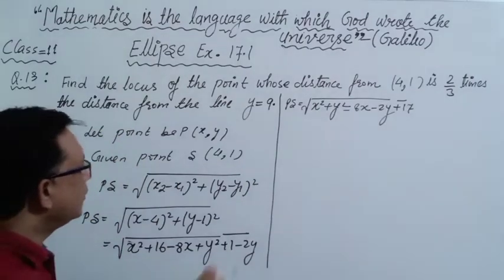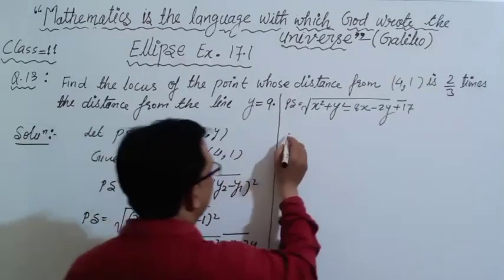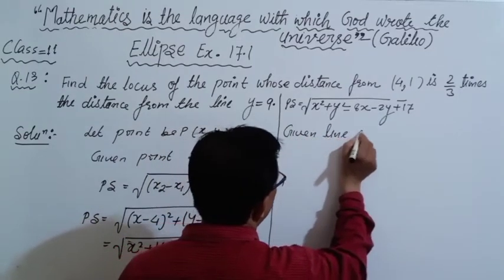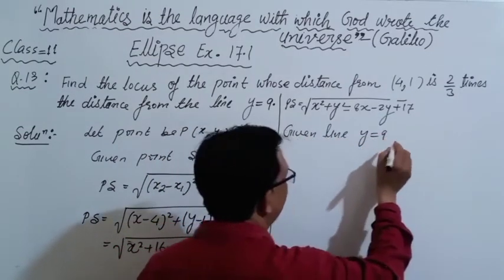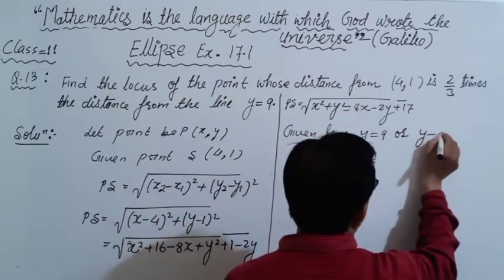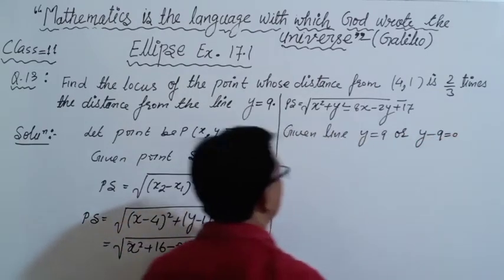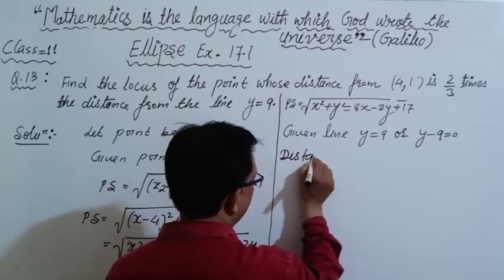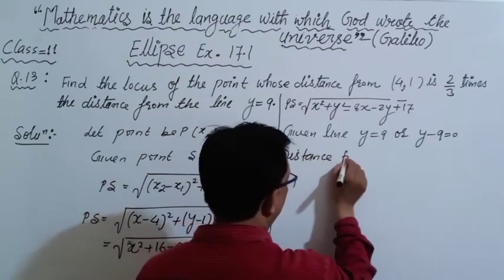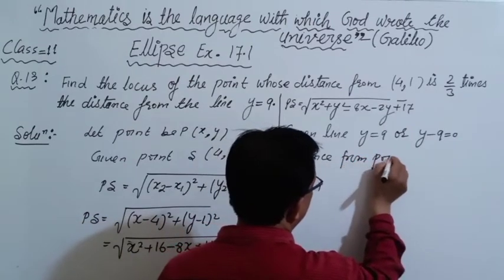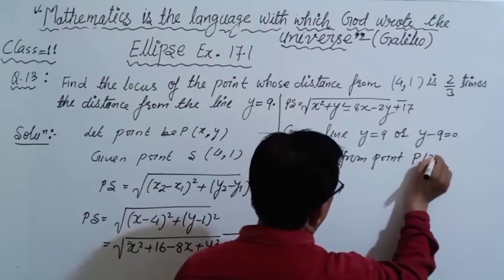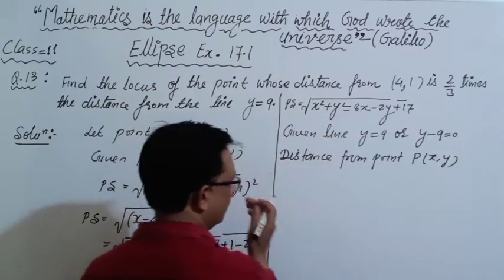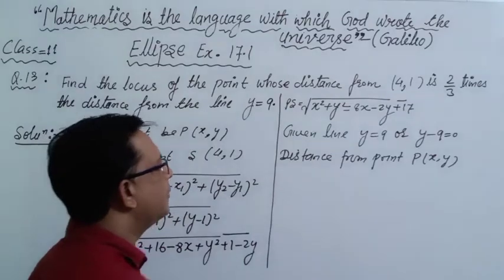And now we find the distance of the point from the line. So the given line is y equal to 9, or y minus 9 equal to 0. The distance from point P, which is our point (x, y).